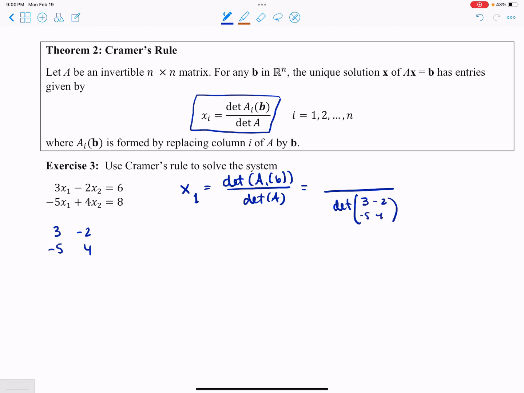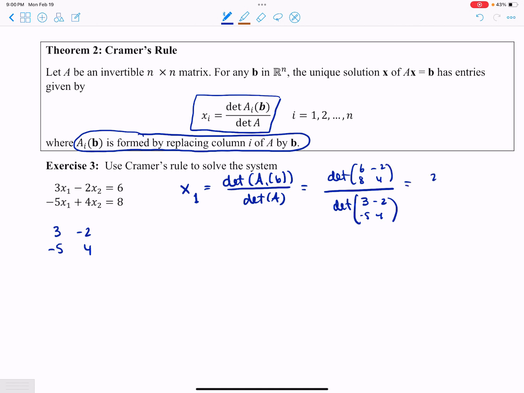And on the top, the determinant of A sub 1 of b means replace column i with column B. So replace column 1 with the B. So this is determinant of 6, 8. So that's replacing my column 1 with the B and leave the other one alone.